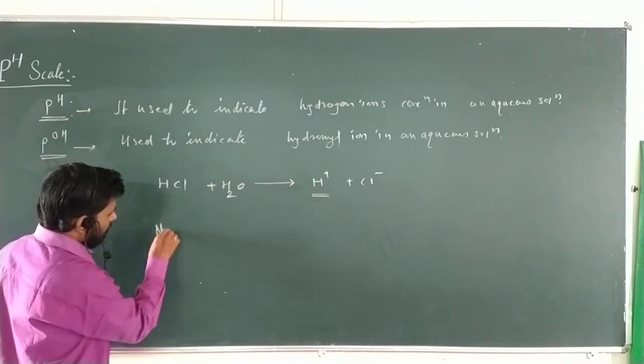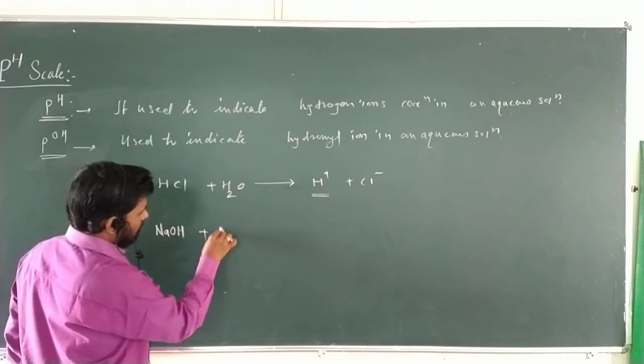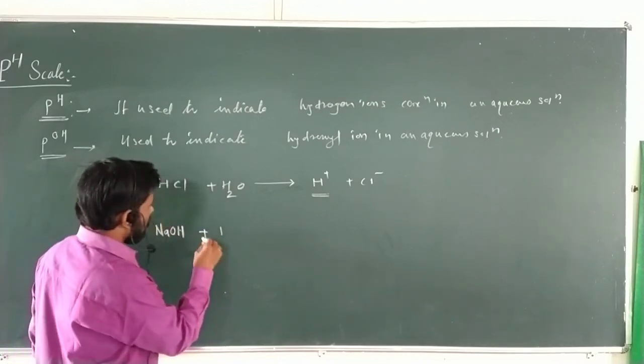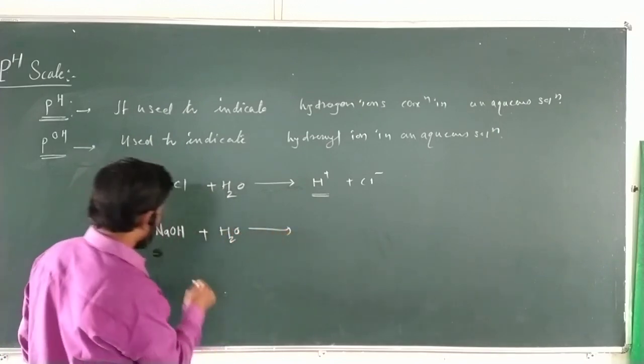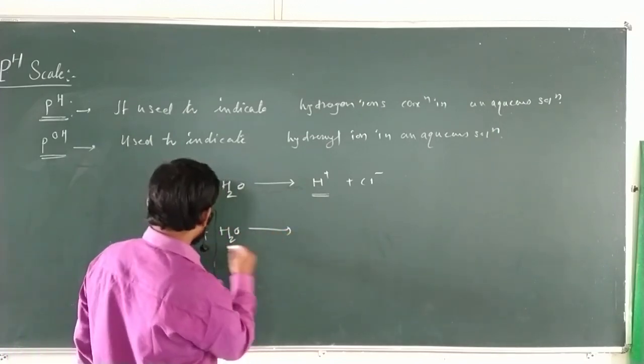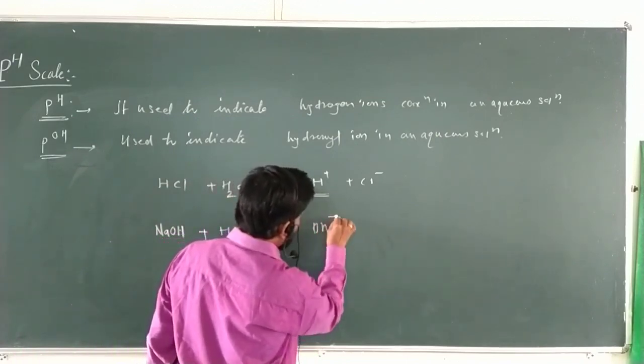Another example, if I take NaOH, which is a base, in water it forms hydroxyl ions.